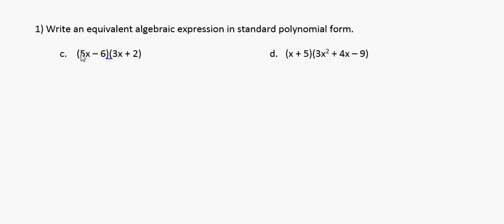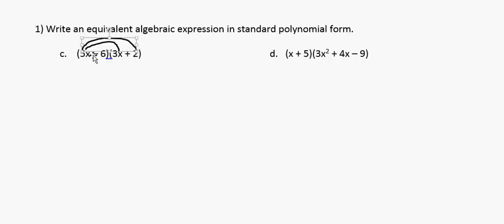So I'm going to multiply this polynomial by each of these terms. You probably think of that in terms of FOIL. If I do FOIL, I take this term and multiply it by the 3x term. I also multiply that term by the 2.